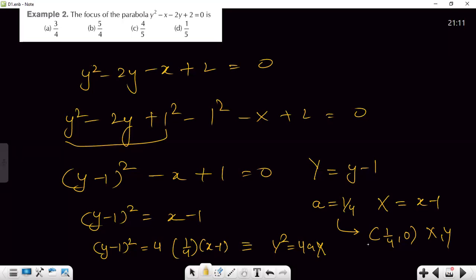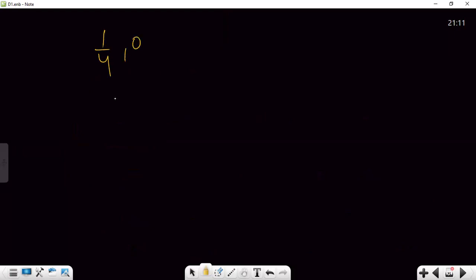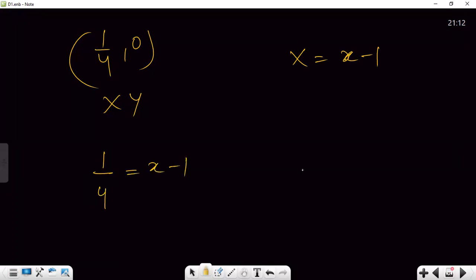Focus is 1 by 4, 0 as per capital X and capital Y. We know capital X is equal to small x minus 1. So 1 by 4 is equal to small x minus 1. Small x becomes 1 by 4 plus 1, which is 5 by 4.